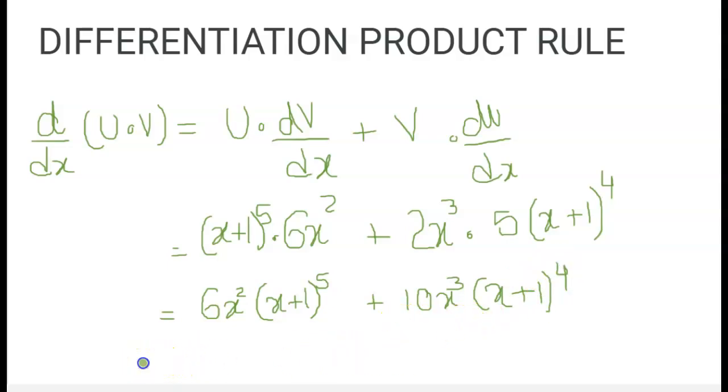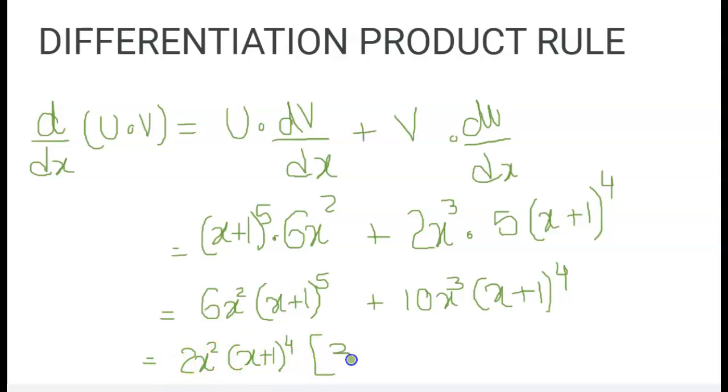If I want to simplify it, I can take 2x squared common. So I'm dividing this thing by 2x squared, all these things. And also I can take (x plus 1) to the power 4 common as well. So I'm dividing this whole thing by this bit.